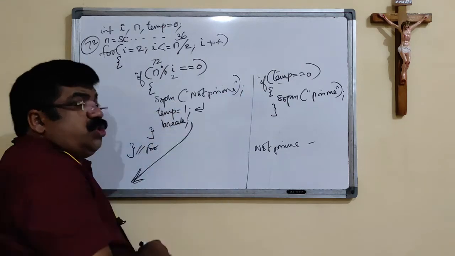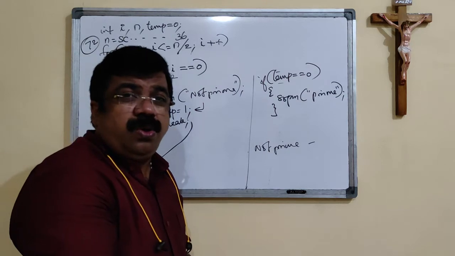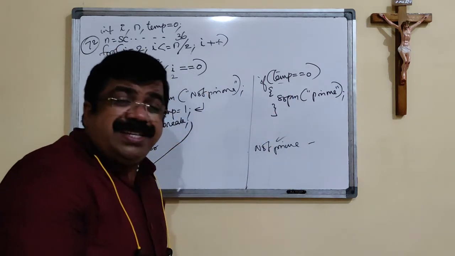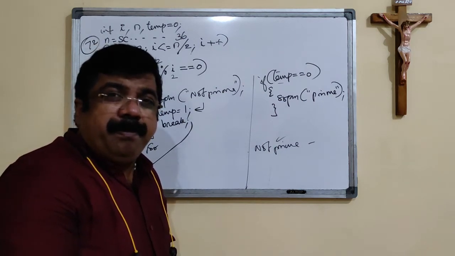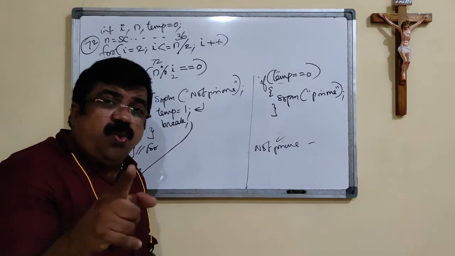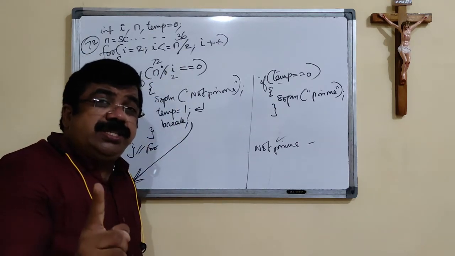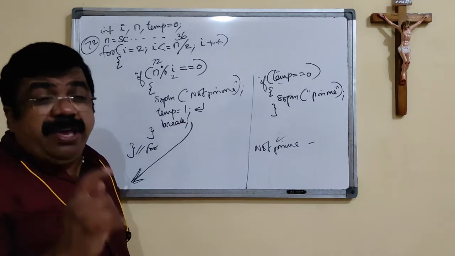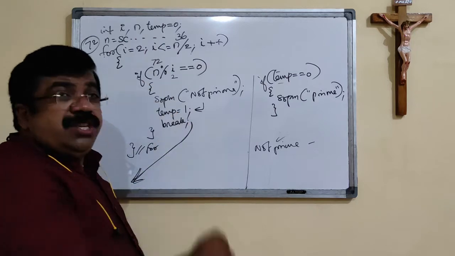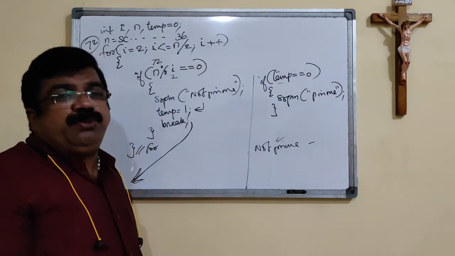Now we see checking if temp equal to 0. No. This part is not executing. Already we got the output. What is that? Not prime. That means when this kind of logic is used, the loop is executed only once. Previously, in the previous logic, when we gave n as 72, how many times was the loop executing? 72 times.